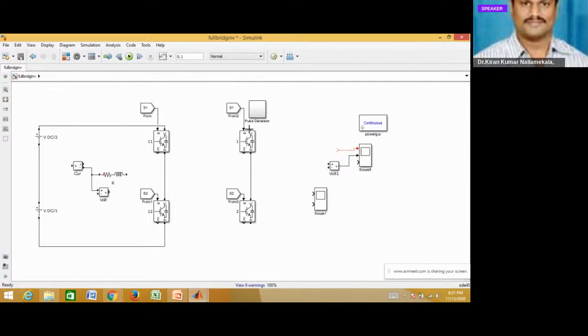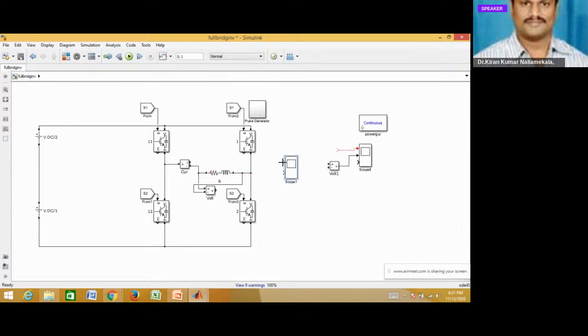So, I am taking 2 more switching devices and I will connect here. Now, this is the load. Load will be connected in between the 2 switching devices. This is the load connection. Now, the next point is voltage terminal connection.